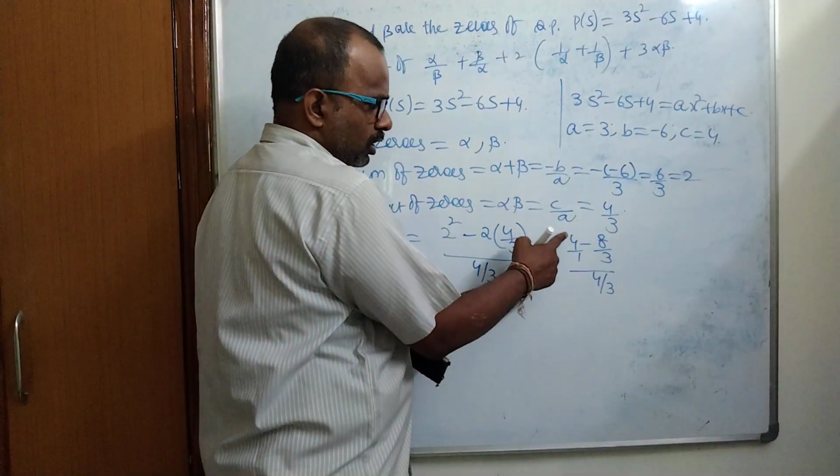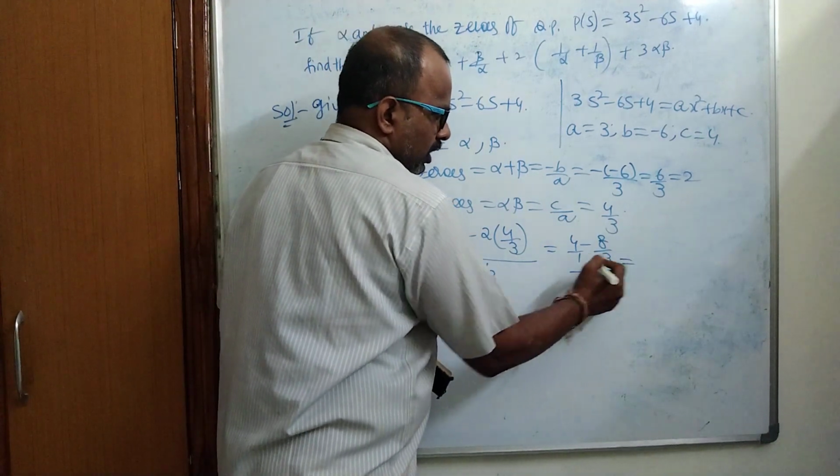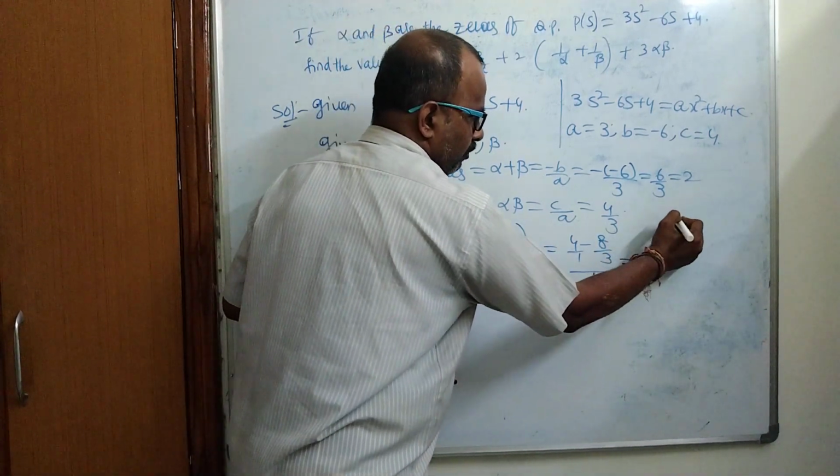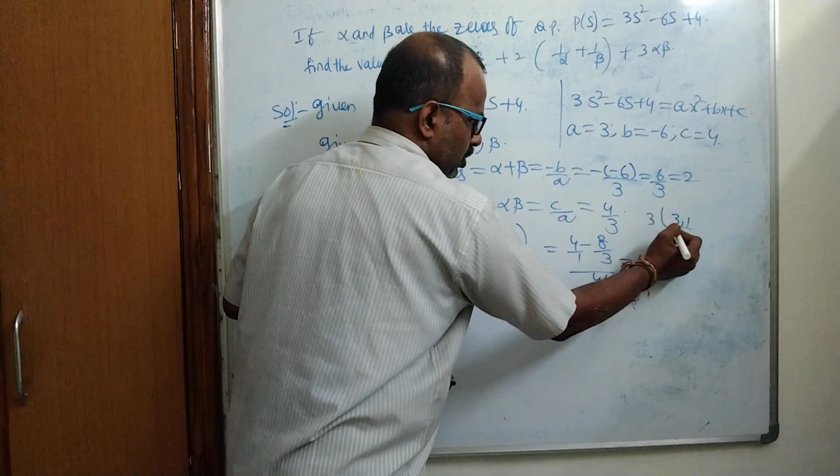Now 4 is nothing but 4 by 1. The LCM for 1 and 3 is 3.